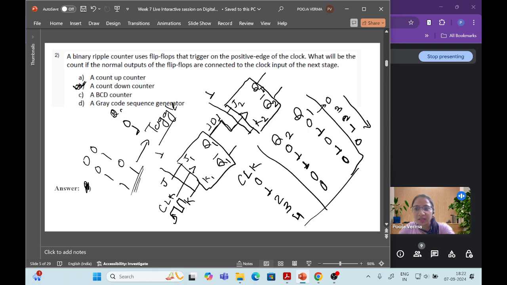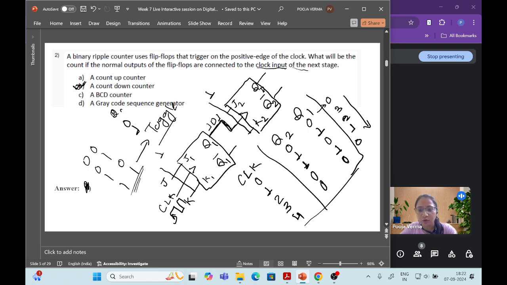So they are saying that if the normal outputs of the flip-flops are connected to the clock input of the next stage, so that means the normal output of the first flip-flop is connected to the next stage clock input, right? Here it is given clock input of the next stage. So I have connected this clock signal to the output of the first stage.